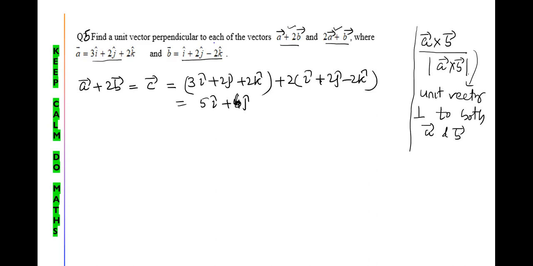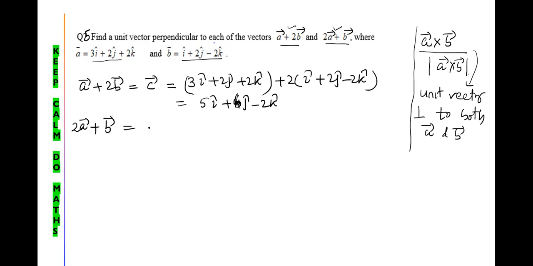Okay, then 2k minus 4k, minus 2k cap. So here a plus 2b is 5i cap plus 6j cap minus 2k cap. Now next one is 2a vector plus b vector.